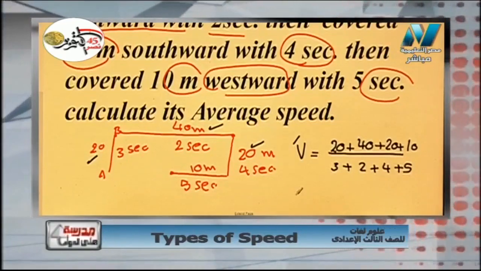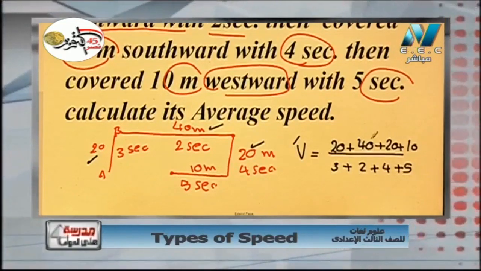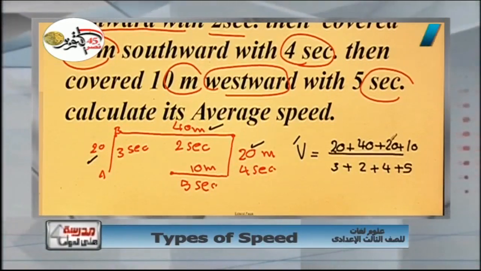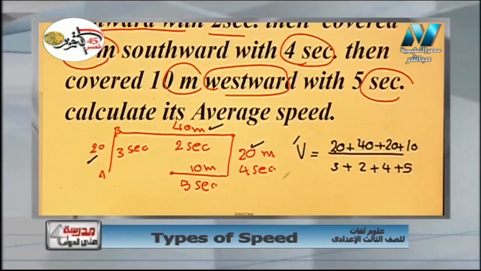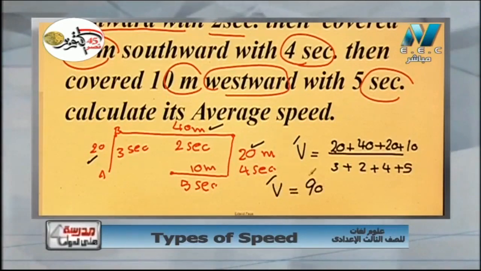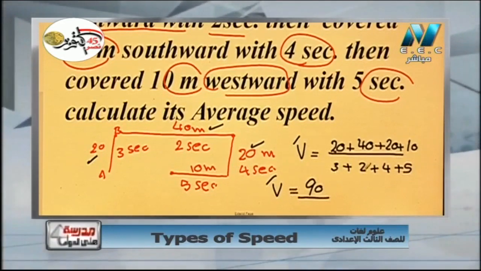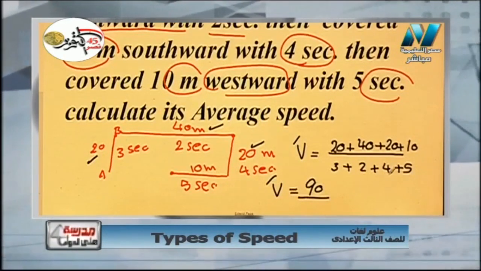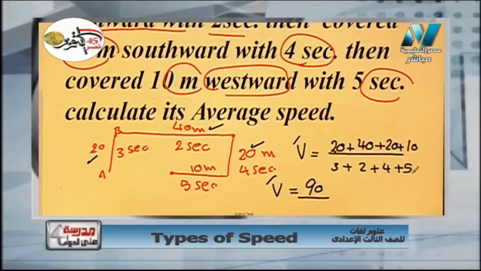So we can calculate the average speed as 20 plus 40 equals 60, plus 20 equals 80, plus 10 equals 90. So V dash equals 90 over what? 3 plus 2 equals 5, 5 plus 4 equals 9, and 9 plus 5 equals 14.